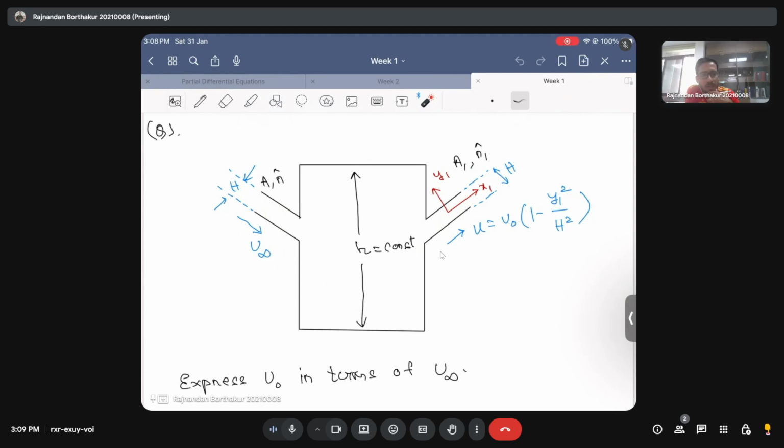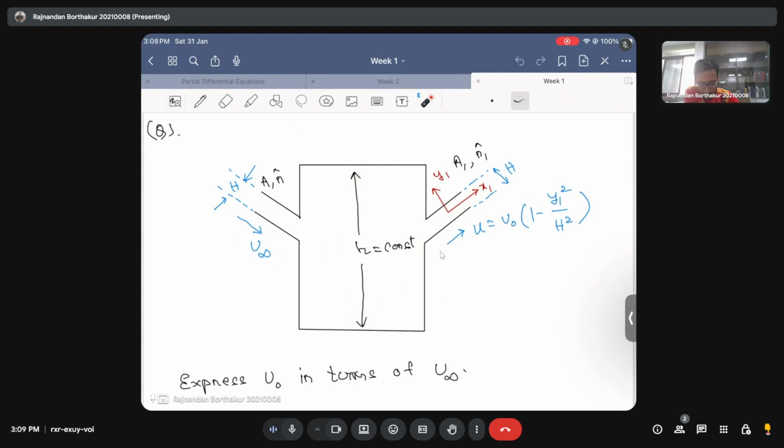And in order to keep this head constant, you need an equivalent outflow, right? That's the only way you can keep the head constant. This outflow is taking place in this direction, as you can see in the figure.